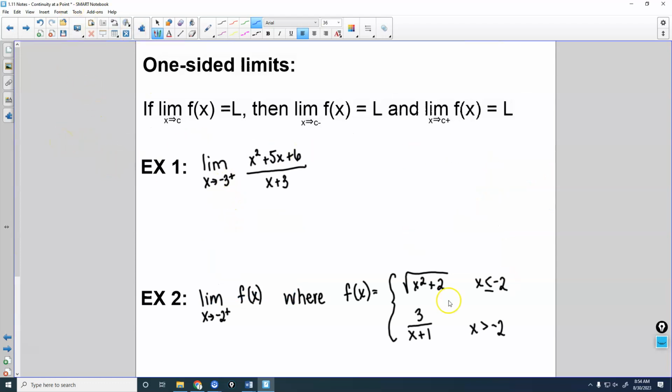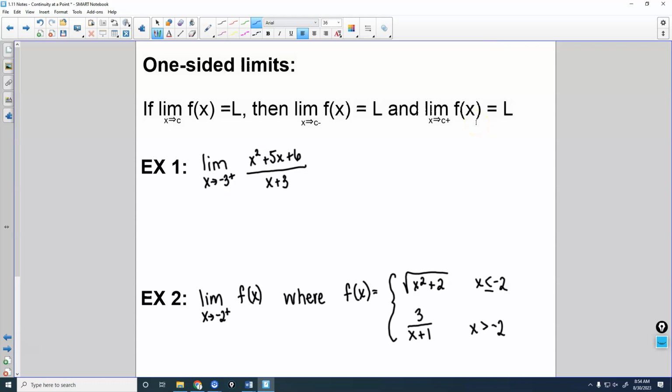Now, one-sided limits. Let's talk about those a little bit. I gave you a one-sided limit for the warm-up. You guys did pretty well on that, so we should be able to fly through this. If the limit as x approaches c of f of x equals capital L, then the limit from both sides is also going to equal that value.